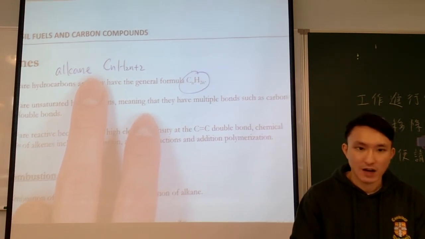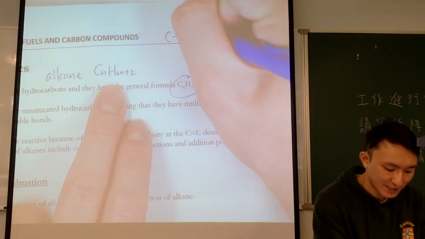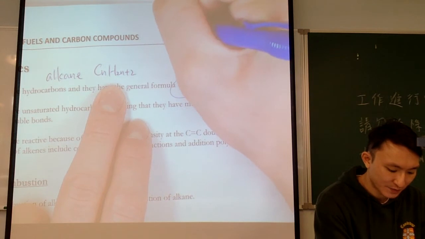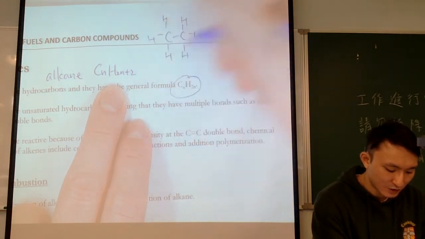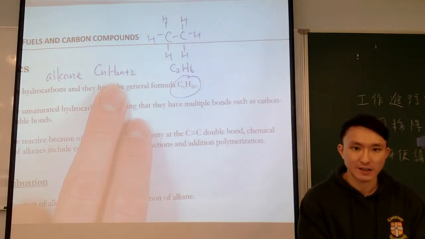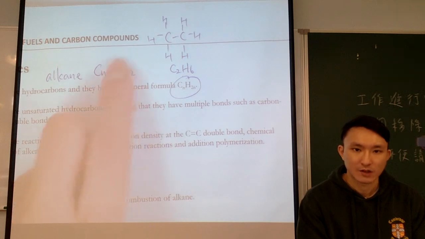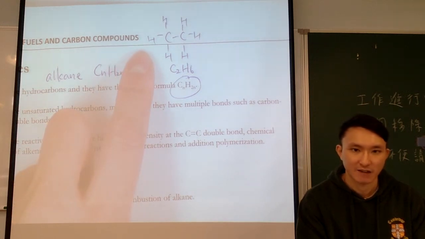So first of all, I can use an example of an alkane. For example, I will use ethane. So this one is obviously C2H6. You can substitute 2 into this general formula, then you have the alkane, ethane.